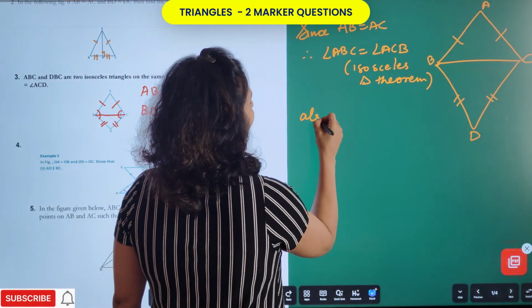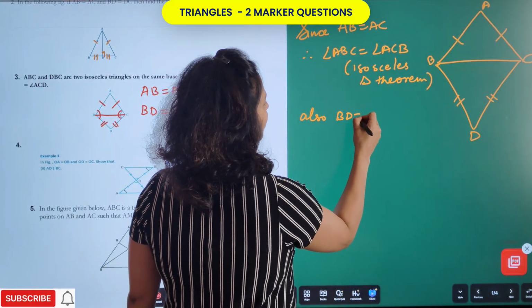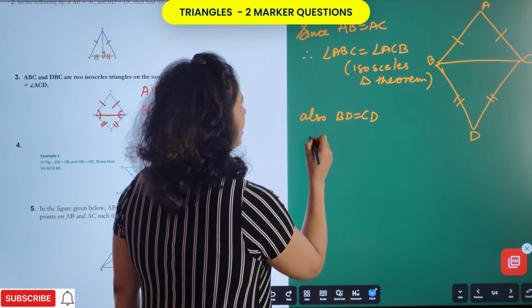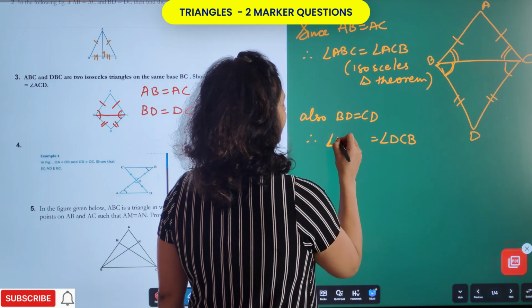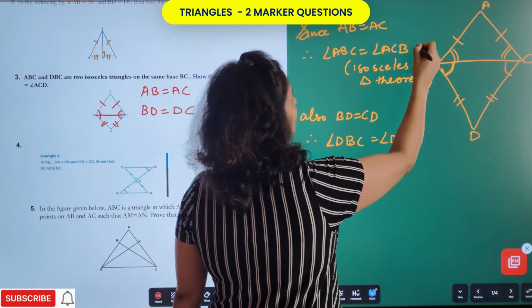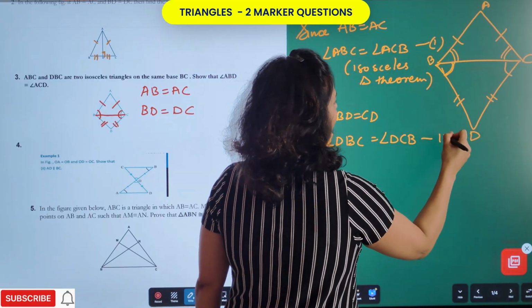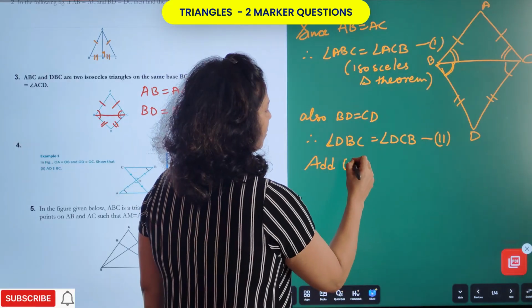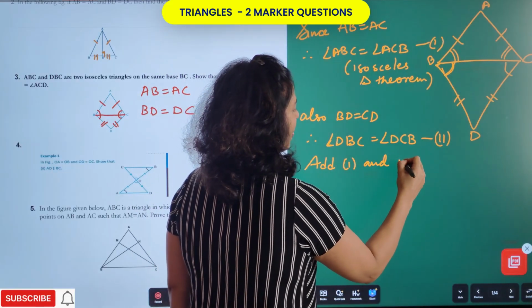Similarly, BD is given equal to CD. If you see in this triangle also, two sides are given equal. So we can say angle DBC equals angle DCB. This is considered as first, this is considered as second. Now you have to add 1 and 2.